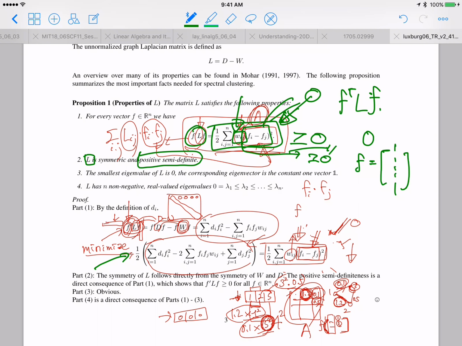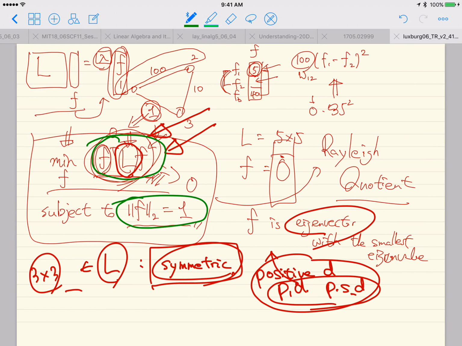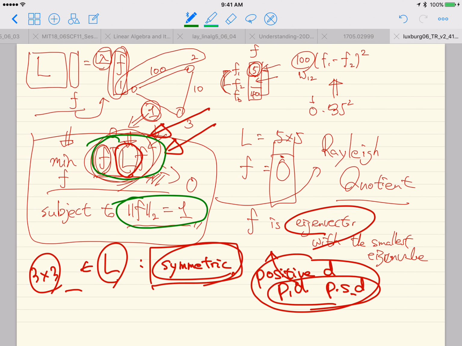So in this case, from the eigenvector and eigenvalue understanding, the optimal solution for this Rayleigh quotient problem is the eigenvector with the smallest eigenvalue, right?